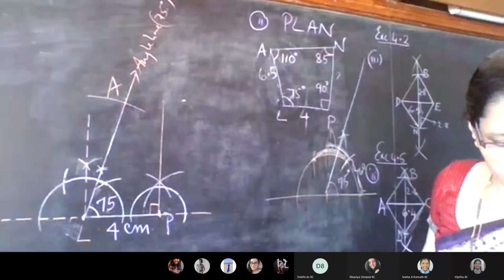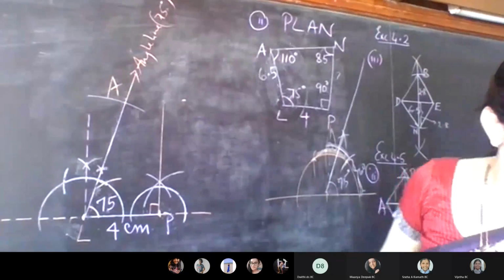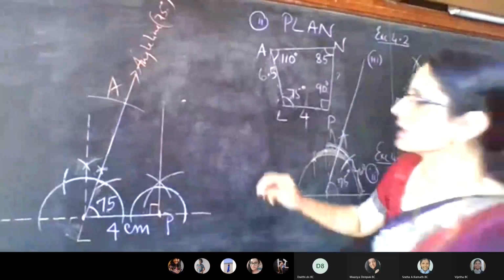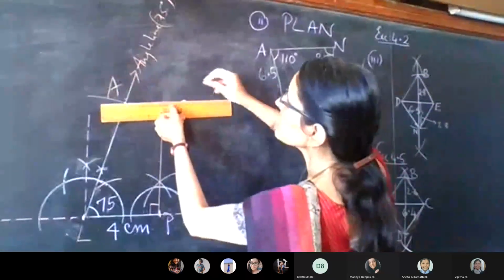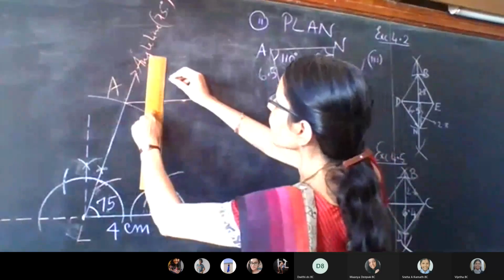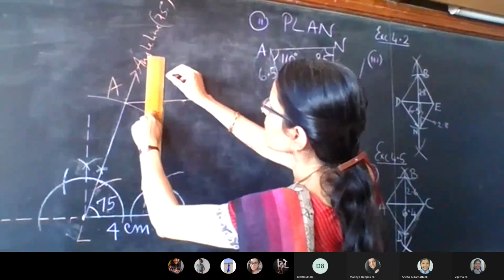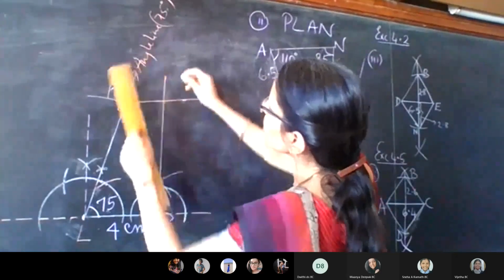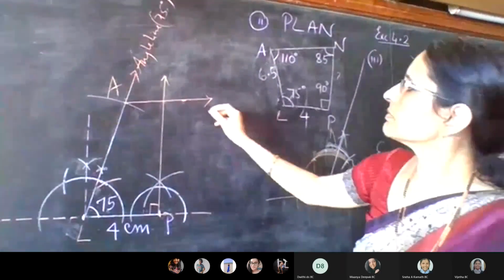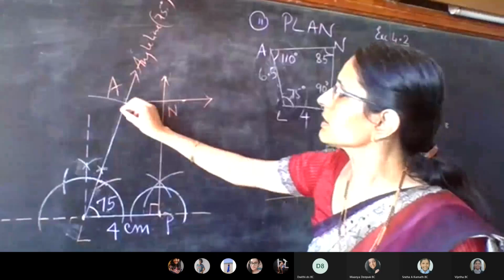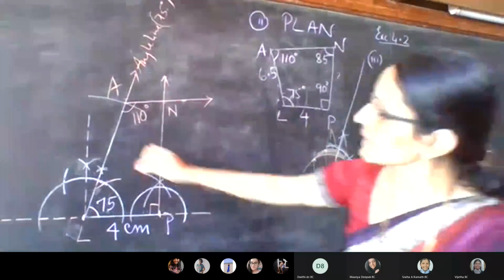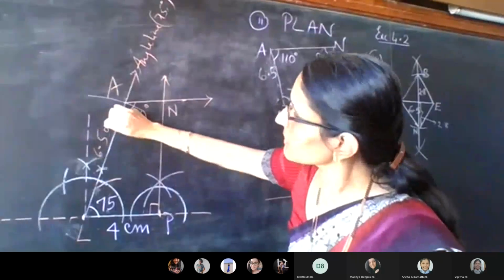Now this point, where you marked the 110-degree angle, should be joined to A. And if it is short, make it long, extend. So this is N, this is 110 we measured with the protractor, and this is 6.5, write everything.